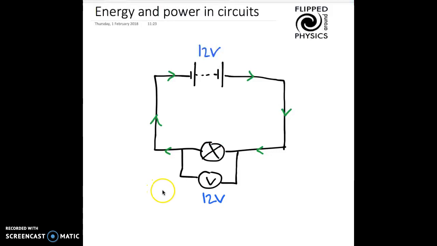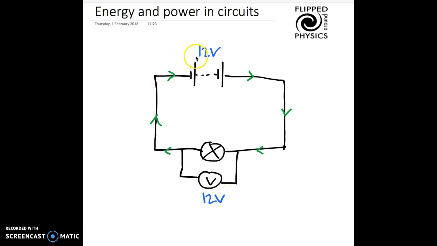Okay, what I've done is I've drawn a diagram of the circuit we've just seen animated, and I've included a voltmeter across the bulb. What we find is that the voltage of the power supply is a measure of the energy that the charges pick up, and the voltage across the bulb is a measure of the energy given up by charges.